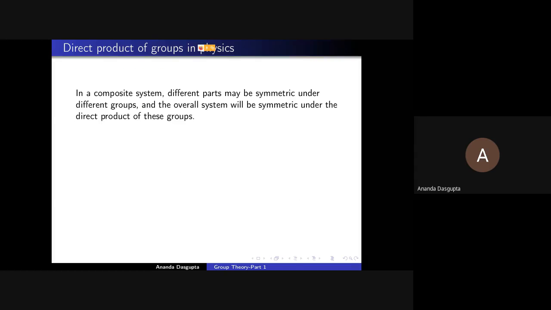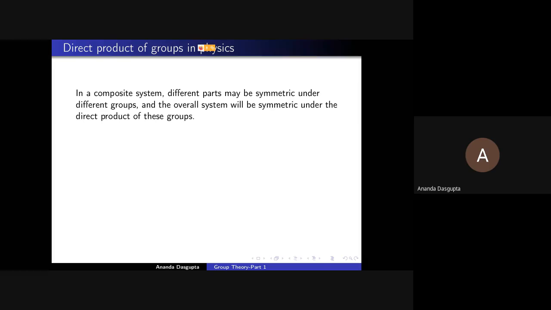Now there are some conditions under which this can happen, but I did say that I will not talk much about physics, but I should talk something about physics. So when do direct product groups occur in physics? Well, if you have a composite system, different parts may be symmetric under different groups. And the overall system will be symmetric under the direct product of these groups. So basically a system may have two different pieces.